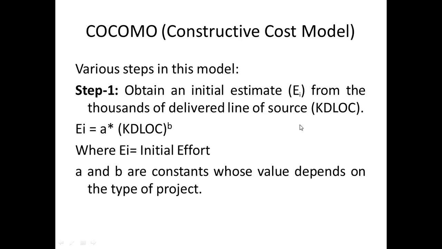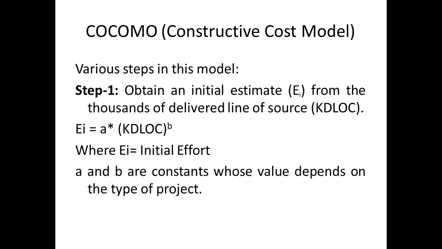And how are we going to calculate it? There is a need of the KDLOC, that is the thousands of delivered lines of source code, or line of code. Because we are going to calculate the total number of lines of source code required to complete the software, or to implement the software.